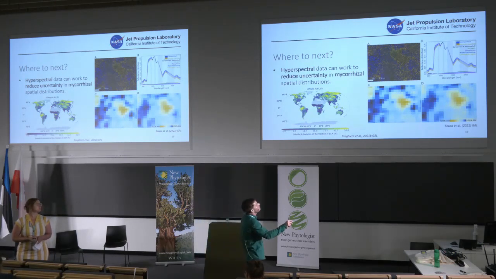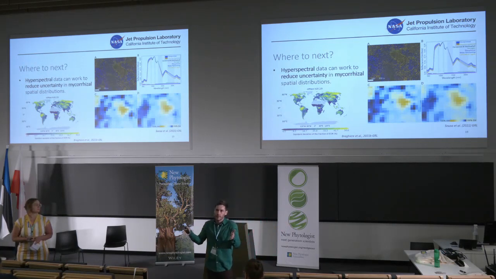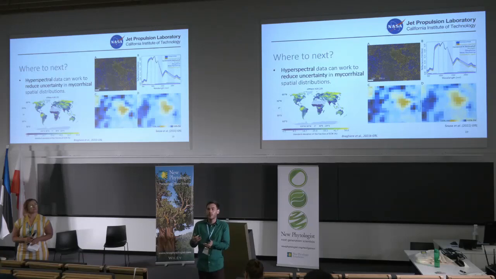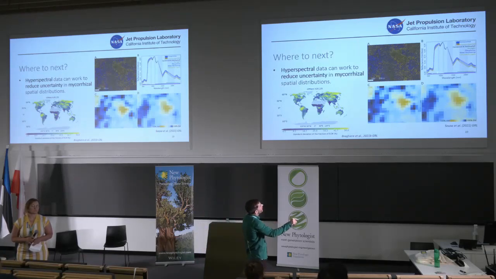And each wavelength, or each range of this shortwave radiation spectrum, is associated with some sort of pigments in the leaves or contents of nutrients in the leaves that could be impacted by the mycorrhizal association. So in this case, for example, carotenoids and xanthophylls are associated with this black bar here.